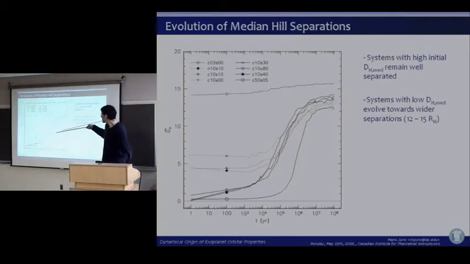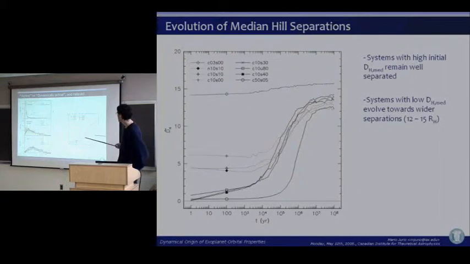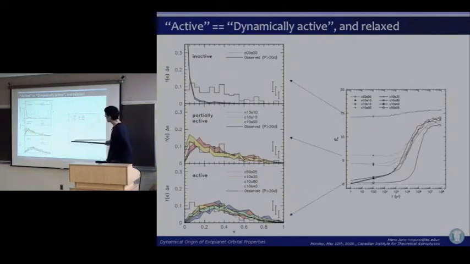So take a look at this plot, and this is what it corresponds to. These four ensembles that are grouped down here are the four ensembles that we classified as active. The three ensembles that are grouped over here are the three that we classified as partially active, and the one that was up here that didn't change its Hill separation much was the one that was inactive.